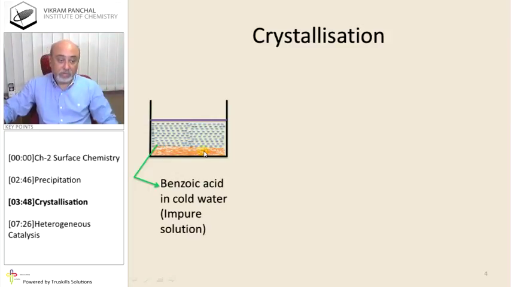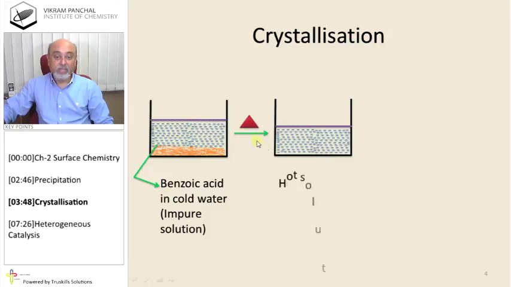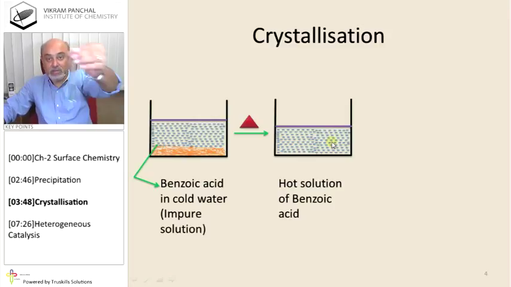So you take water and benzoic acid, then heat the solution. When you heat it, benzoic acid which was insoluble now dissolves, and you get a clear solution of benzoic acid. But this is a hot solution.